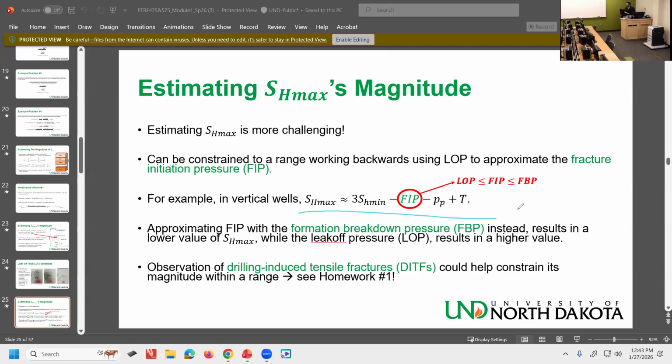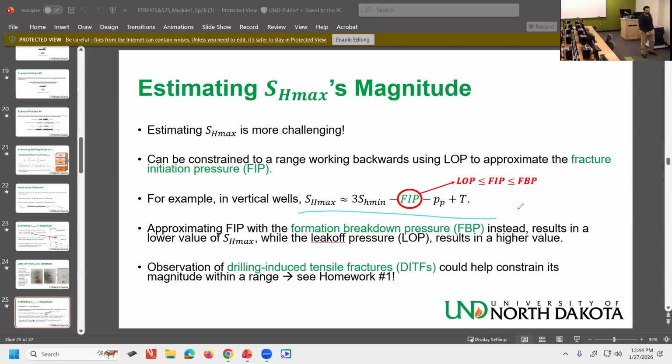In homework 1, which will come probably next month, or certainly next month, beginning part of next month, I believe, we'll see an example where you can use the observation of drilling-induced tensile fractures to constrain the SH max. We're going to see an example where this is done very effectively. During drilling, you have some fractures that take place naturally.